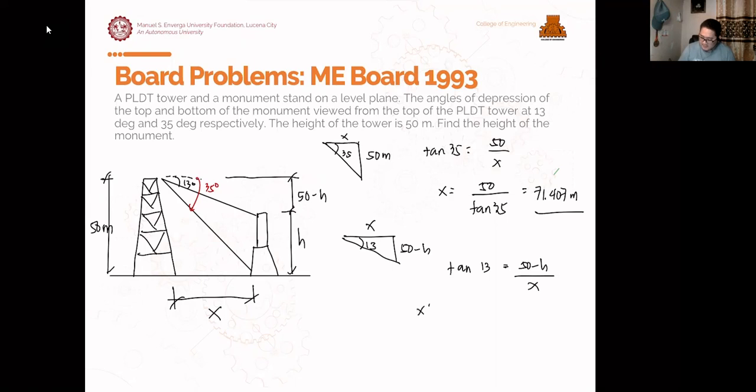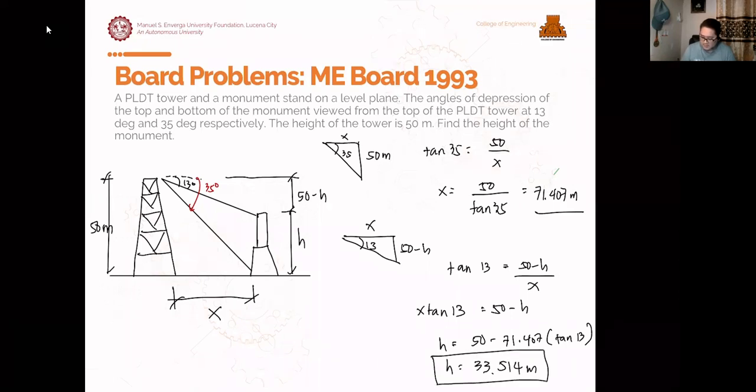So x tangent 13 is equals to 50 minus h. So h natin will be equals to 50 minus 71.407 times tangent of 13. Okay? So calculate natin. That is 33.514 meters. Okay? So this will be our answer for this problem.